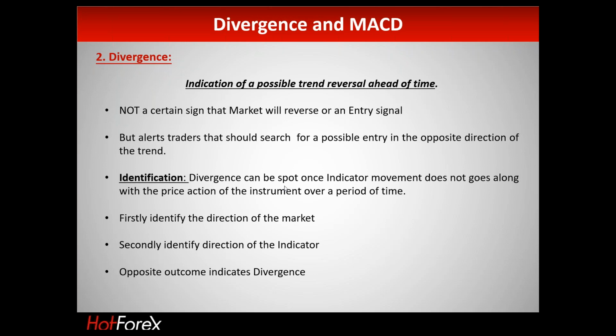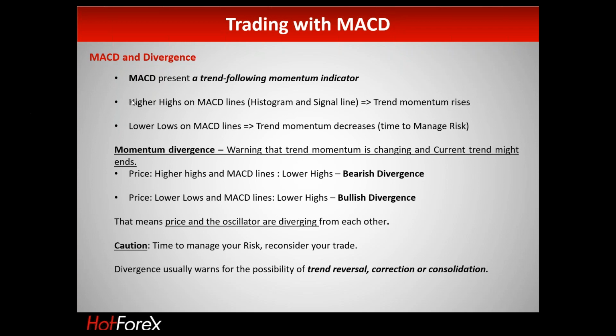If the direction of the market is opposite to the direction of the indicator, then that indicates divergence. Let's see examples. So, okay, before examples. So we have MACD and divergence. We have MACD that presents a trend following momentum indicator.